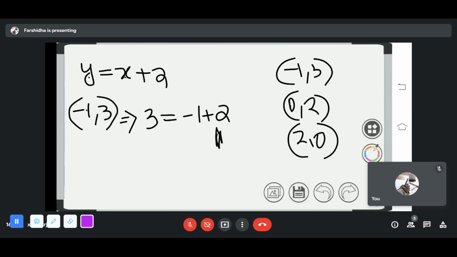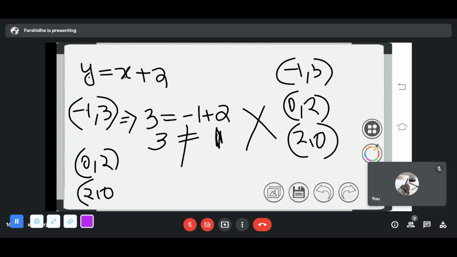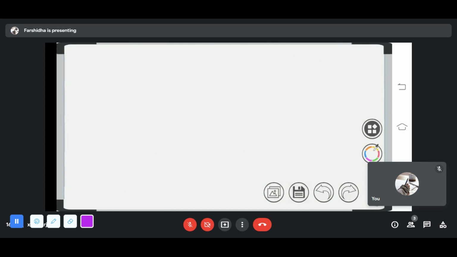Is 1 equal to 3? No, not equal. So this is not the equation. If you want, you can check the 0, 2 and 2, 0 points the same way, but there's no use because already we got that it doesn't satisfy the condition. So we can just go to the second question.